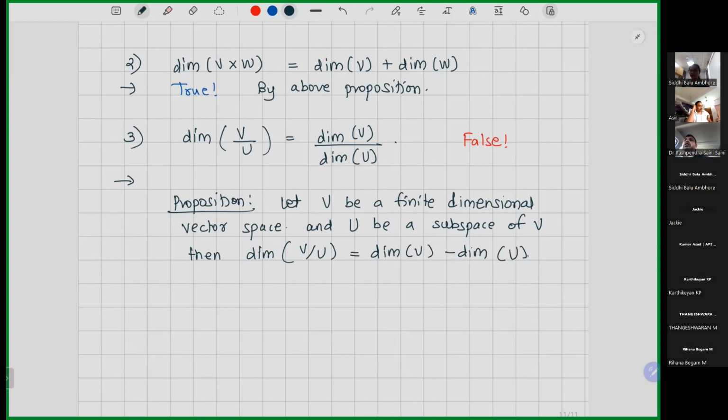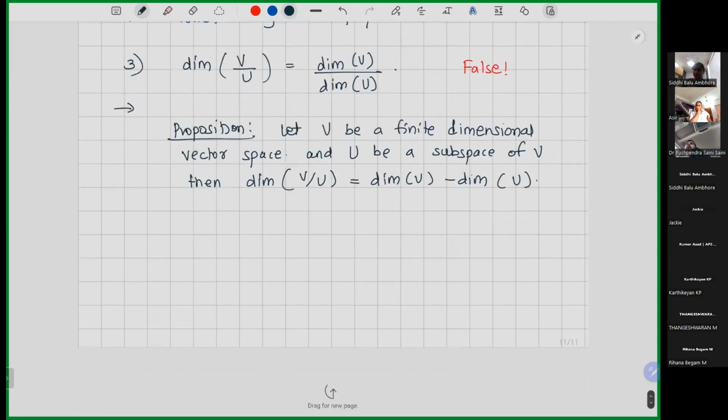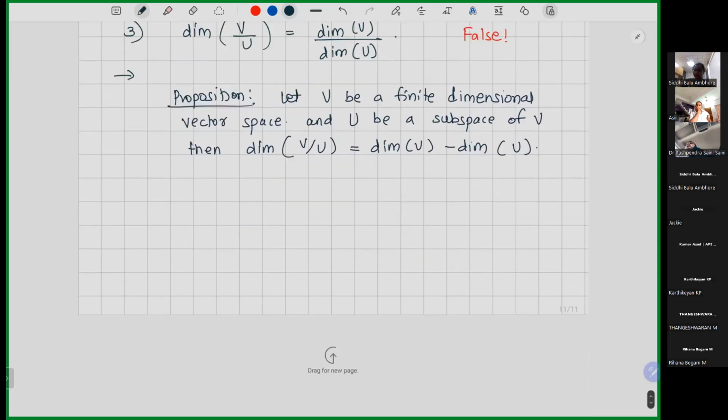And this is proved quite nicely in the lectures if you have gone through. They have defined a map pi, and then they proved the null space is equal to U, and so on. They use the dimension theorem there, and we have obtained this nice result in the lecture.